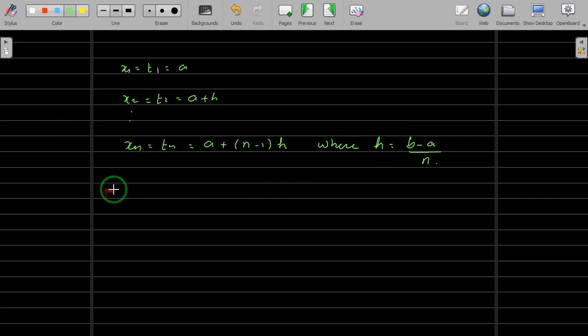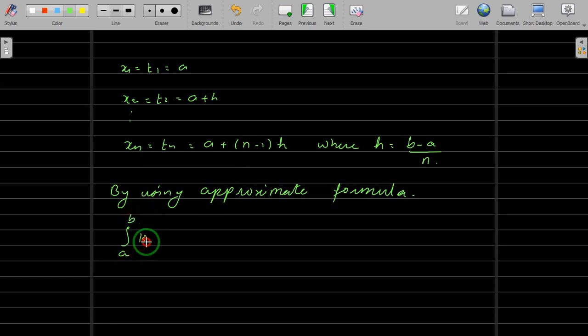So for this, let us use some approximation, by using an approximate formula. Already that interval you have divided into n equal parts, and then you are taking the integral of K(x, t) y(t) dt from a to b, divided into n equal parts from t1 to t2, t2 to t3, and so on.